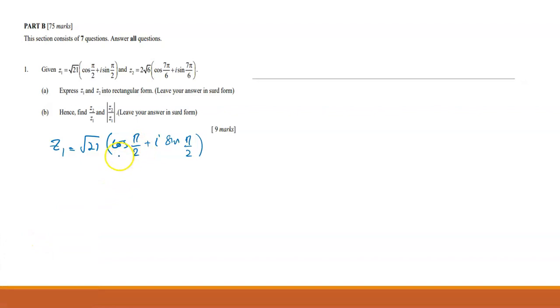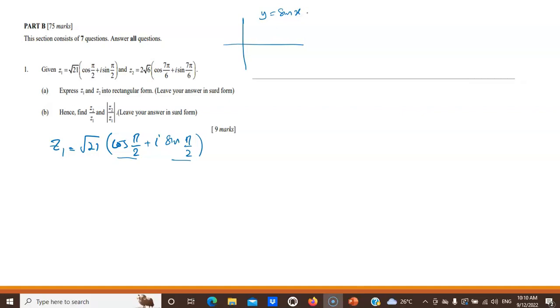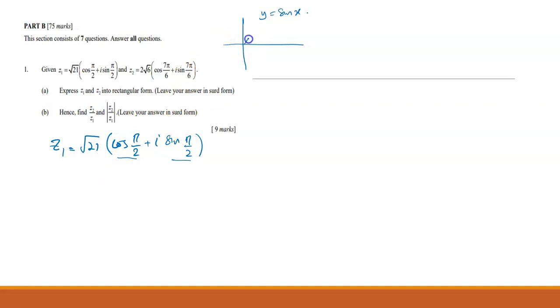especially to get this one, cos pi over 2 and sine pi over 2. So this is a graph of, let's say, y equal to sine x. Graph of sine x begins from 0 and makes a wave, something like this, where the maximum is 1 and the minimum is negative 1.